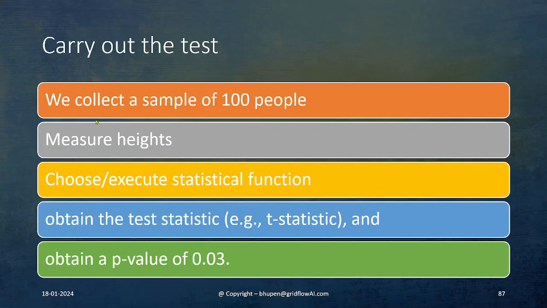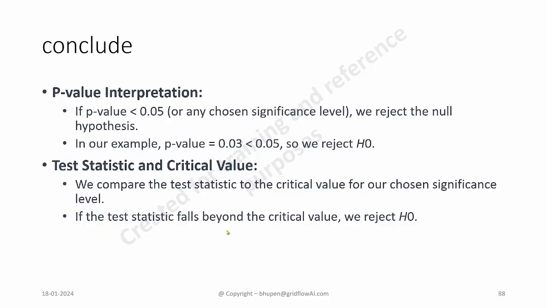Now we carry out the test. Let's say we have a sample of 100 and we measure the heights and then we choose some statistical function. We provide all these heights of 100 people to the statistical function. The statistical function is going to return the t-statistic and the p-value. Notice here the p-value is 0.03. Now you're going to compare this p-value with 0.05. As I mentioned, this 0.05 can be configurable.